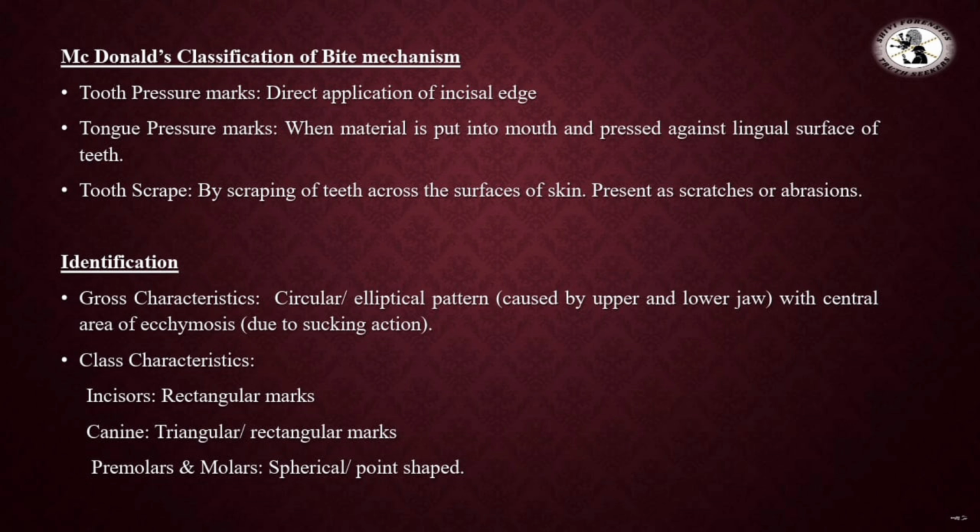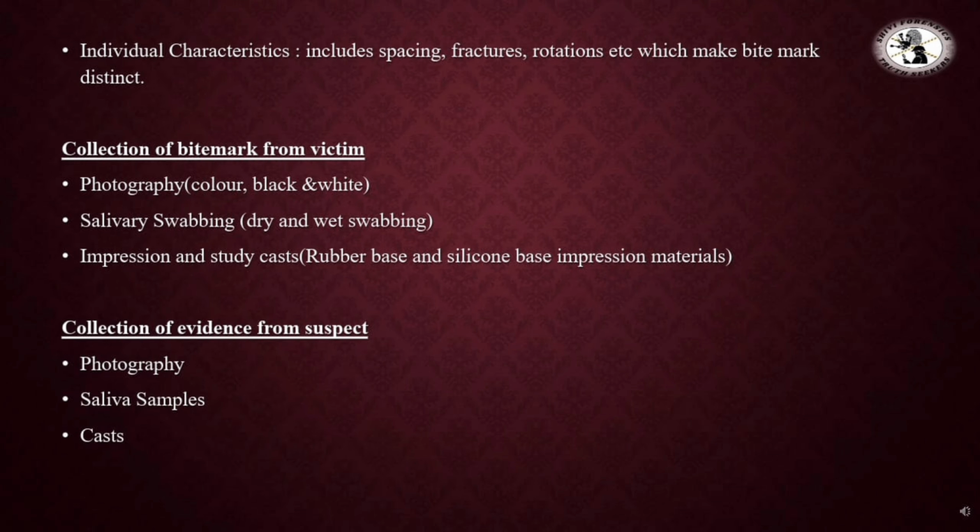Class characteristics means the shape of the mark produced by each tooth. Incisors produce rectangular marks, canines produce triangular or rectangular marks, premolars and molars produce spherical or pointed marks in the skin. Individual characteristics include spacing, fractures, rotations, etc., which make a bite mark distinct from other bite marks.